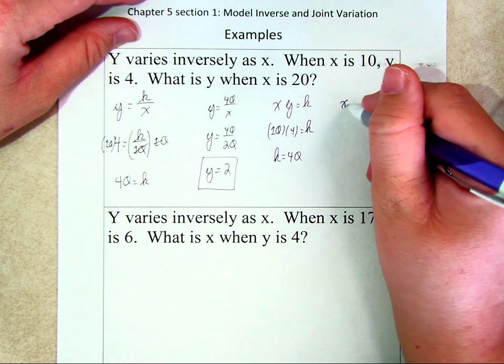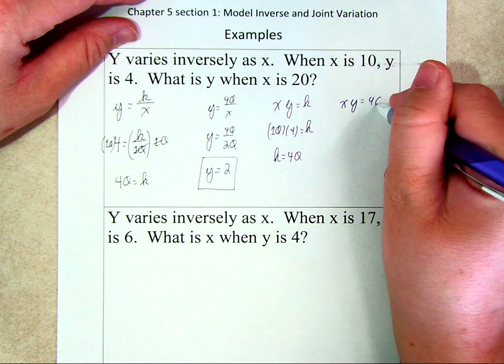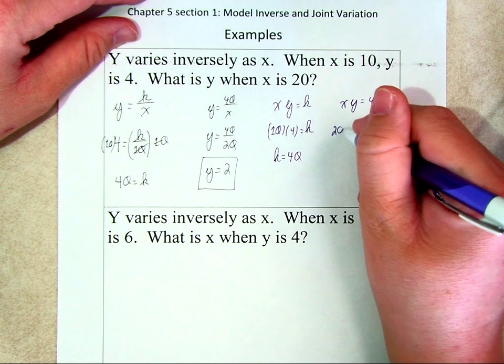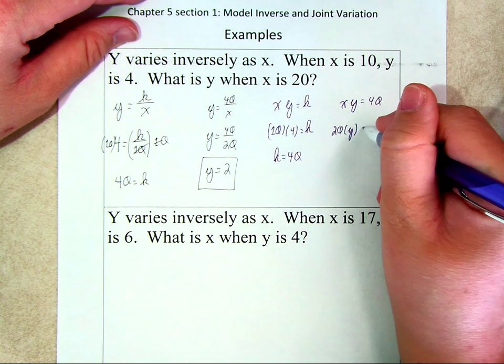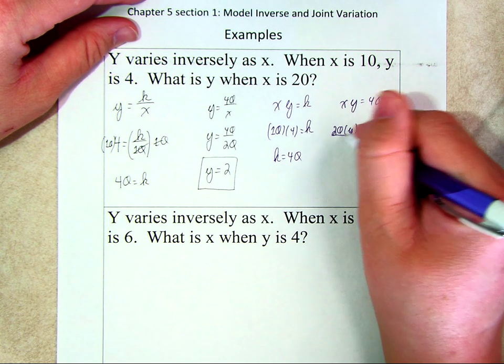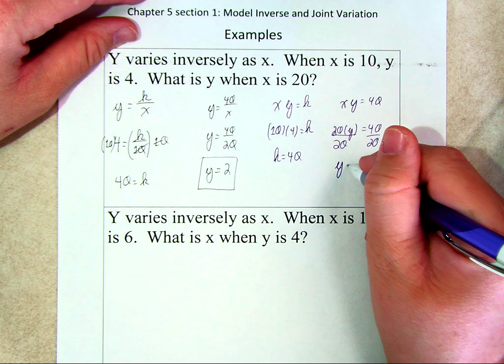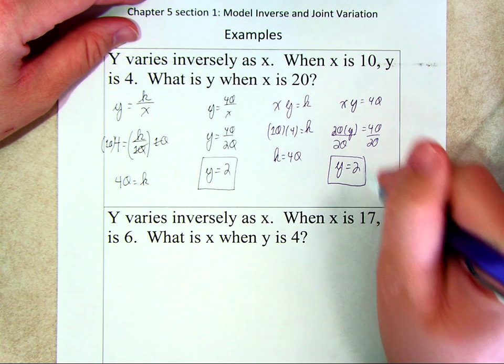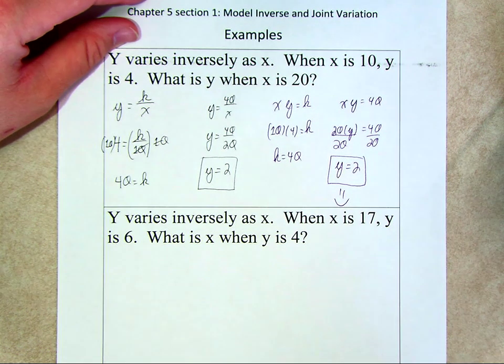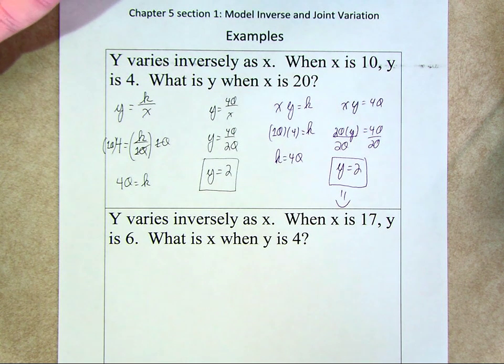So xy must equal 40. When x is 20, we don't know y, but that's equal to 40. Divide both sides by 20. y comes out to be 2 yet again. So there you can see both formulas lead to the exact same answer.